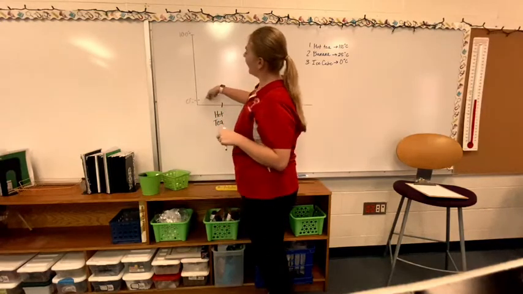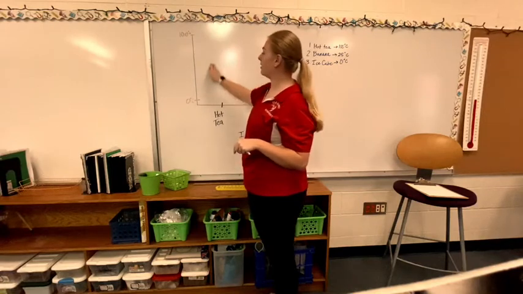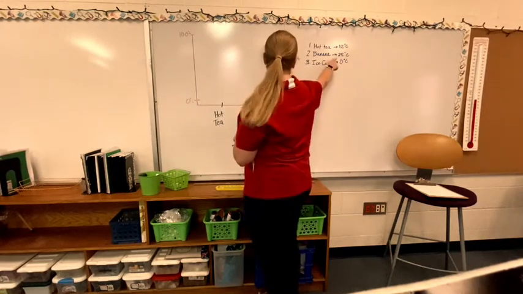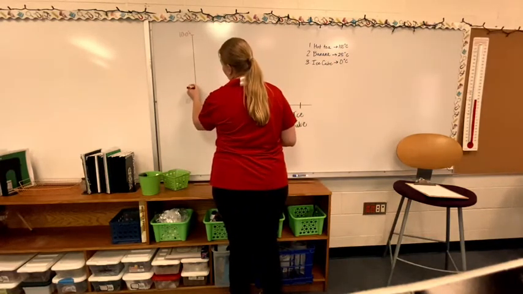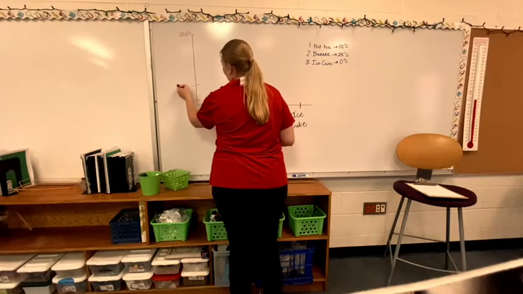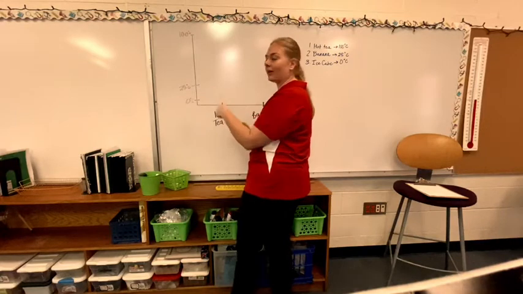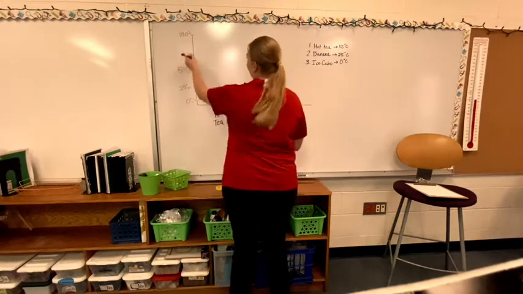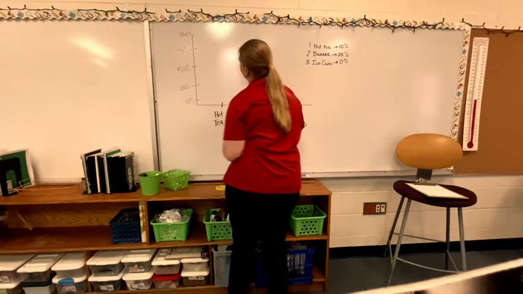All right, and an easy way to go in between here is how many marks you want, and just divide that number by the number of marks. So I want to do in increments of 25, just like a number line. So right here, I'm going to do 25 degrees Celsius. Okay, 25 times 2, or 25 plus 25, 50 degrees Celsius. If you need to use a calculator, that's okay. And our last one, 75 degrees Celsius.